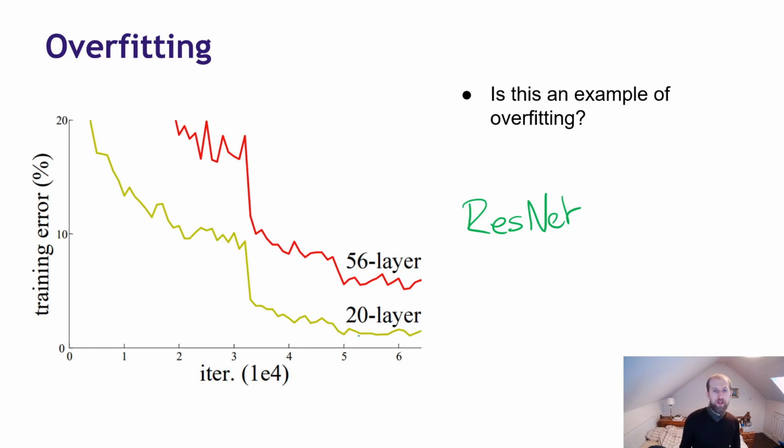Now, if we take the exact same network, but we just add more of the same layers that we've seen before, so that we've got 56 layers, now the training error goes up to about 5%. So it's down from 1 or 2% to about 5%. Does that mean that this 56 layer network is overfitting? Have a think about this. I'm going to talk about this more when we come to talk about ResNets in lecture 6.